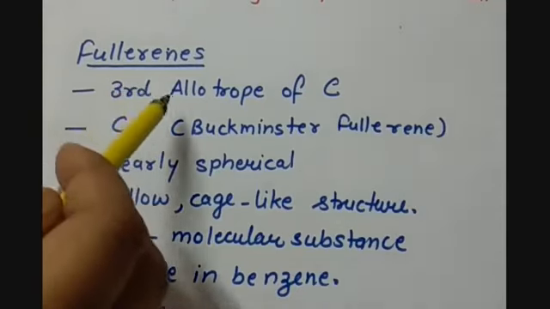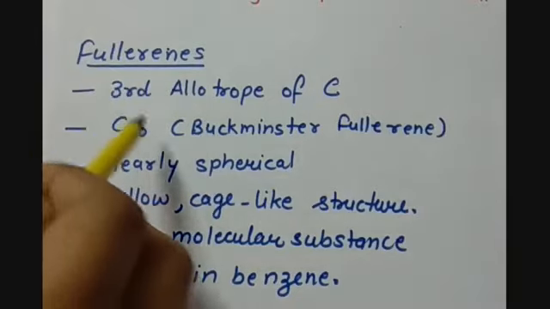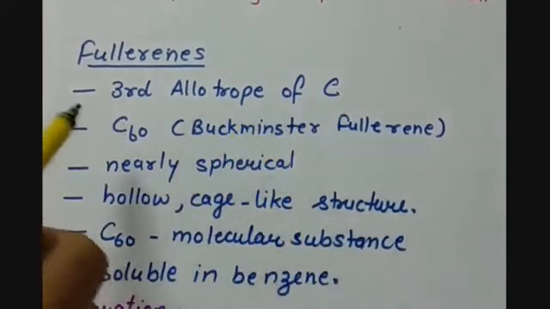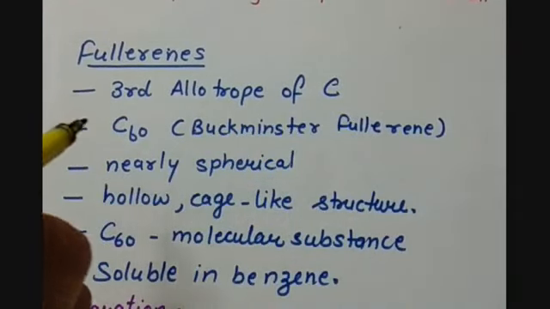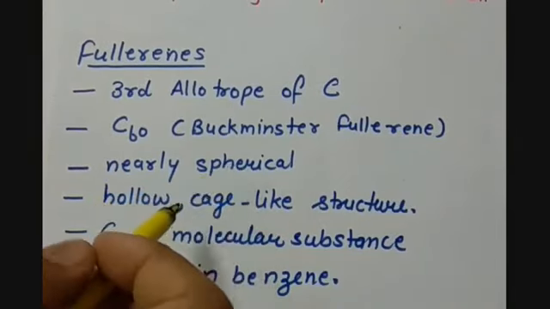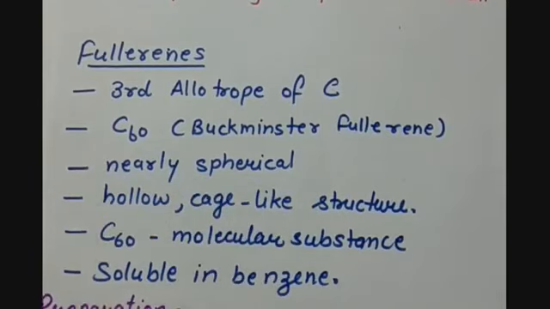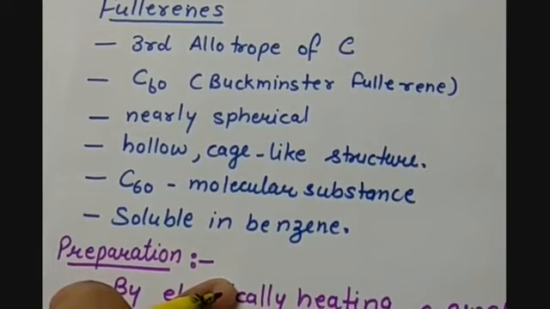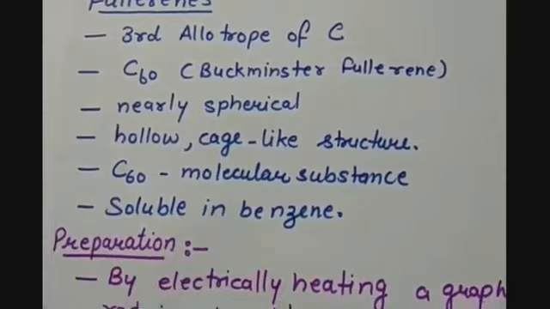This is the third allotrope of carbon which we are studying, and it is also known as Buckminster fullerene because of its shape, as it is arranged in the shape of a football. It is nearly spherical and hollow, a cage-like structure. C60 is a molecular substance and it is soluble in benzene.